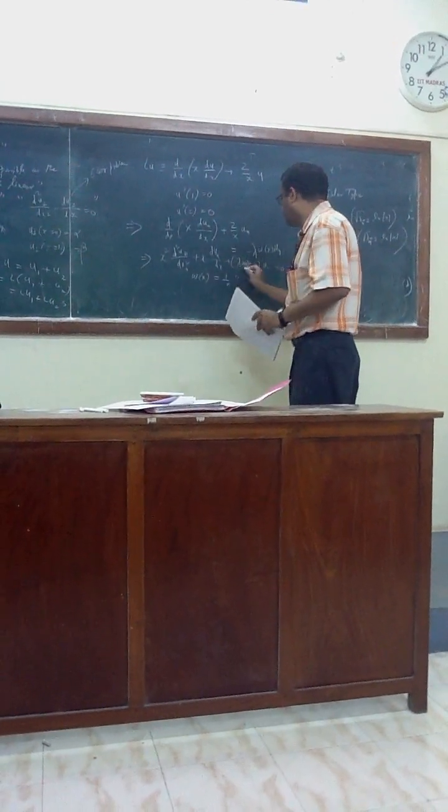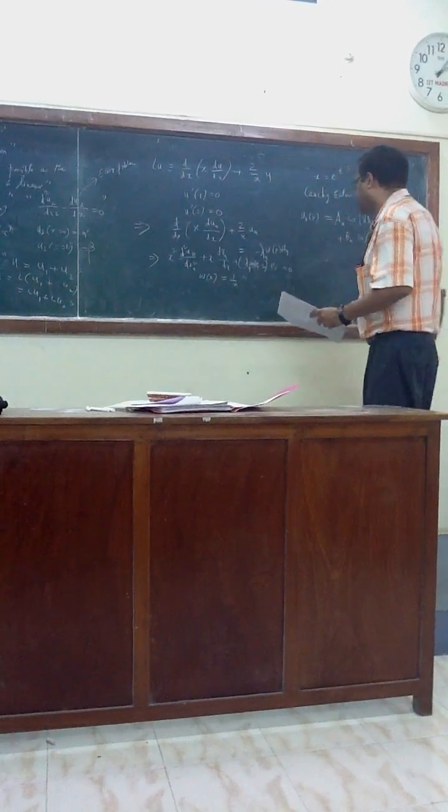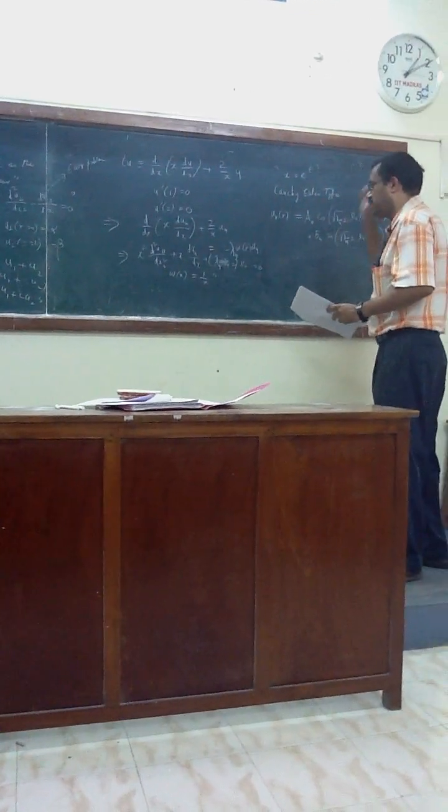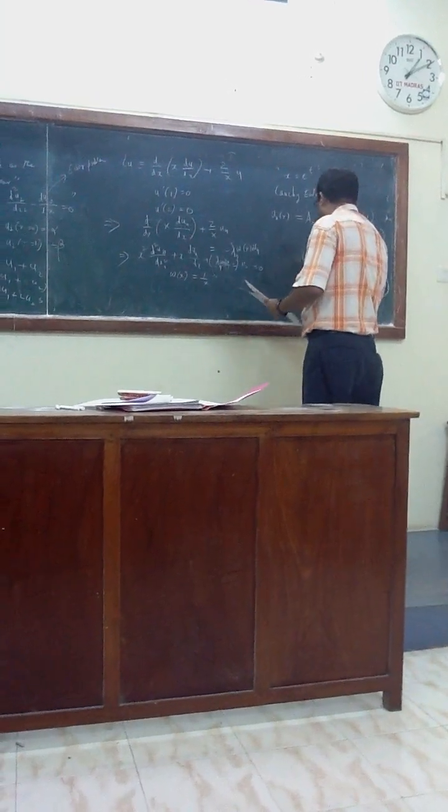When you put un, it should be lambda n. You can put lambda n here. It's better. Typical eigenvalue problem, lambda n. What is lambda n and what is un?